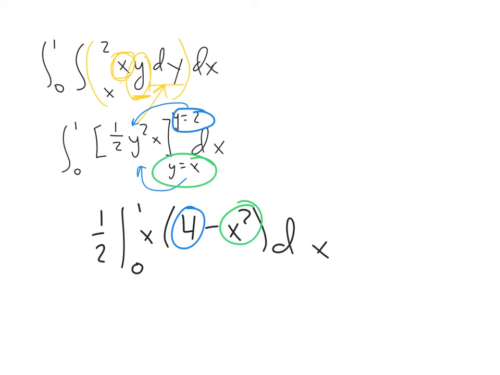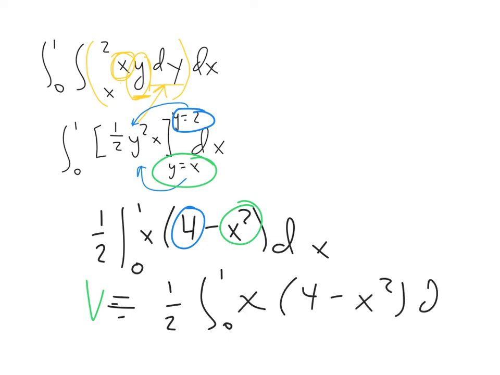Okay, and so now our volume is equal to 1/2 the integral from 0 to 1 of x times 4 minus x squared dx. This is a single variable calculus problem, and we can just find that integral. We'll do that in a moment.